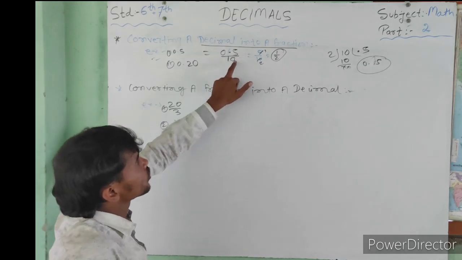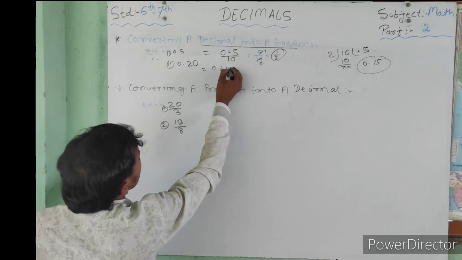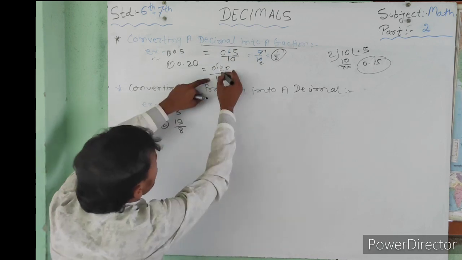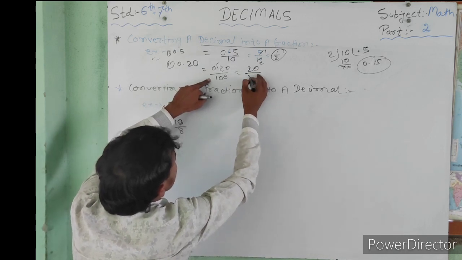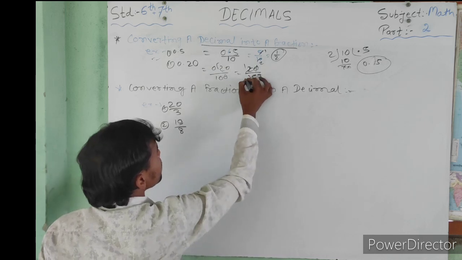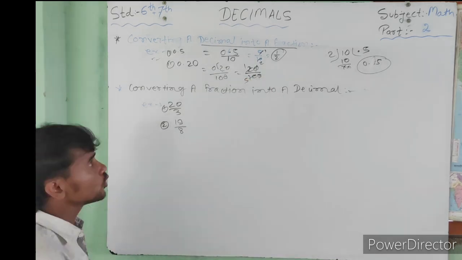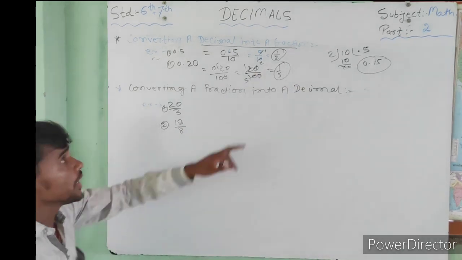Here 1 digit, so you write 1 zero. Next, 0.20: two digits, so 20 by 100. Cancel 0 and 0, then 2 ones are 2 and 5 twos are 10. The answer is 1 by 5. That is the fraction form.